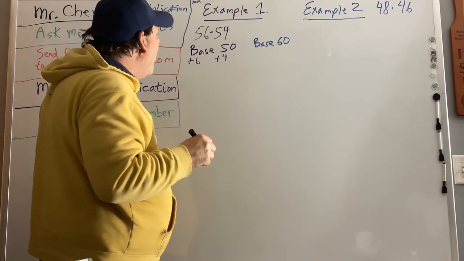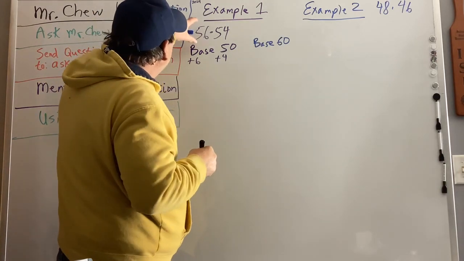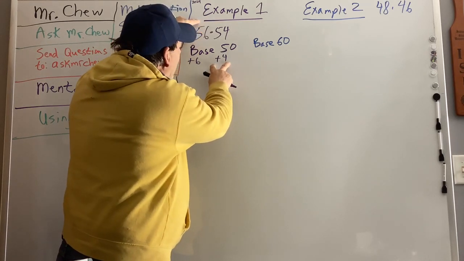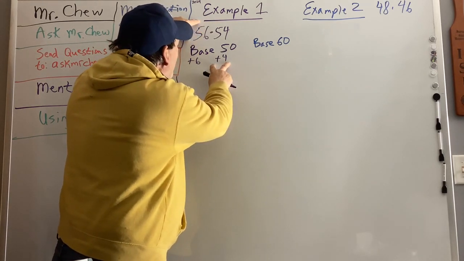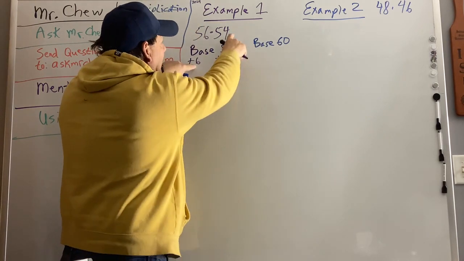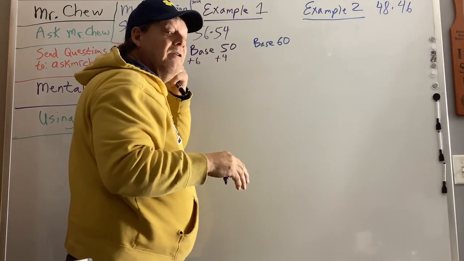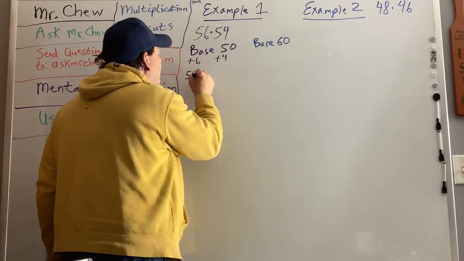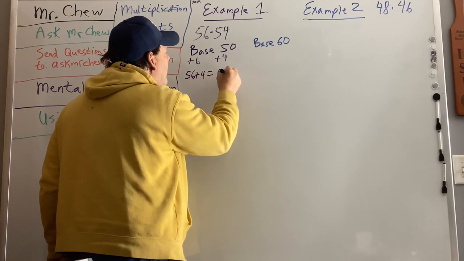So what I do now is I'm going to take my first number and add it to the above or below of the second one. And you're going to notice 56 plus 4 is the same as 6 plus 54 on either diagonal. So I take my 56 plus 4 to get my 60.